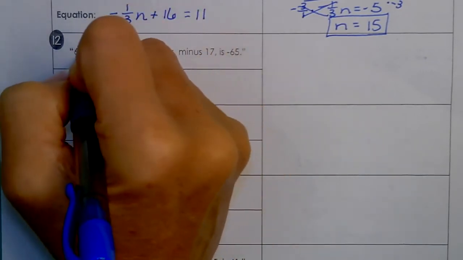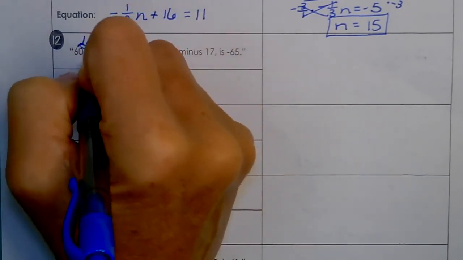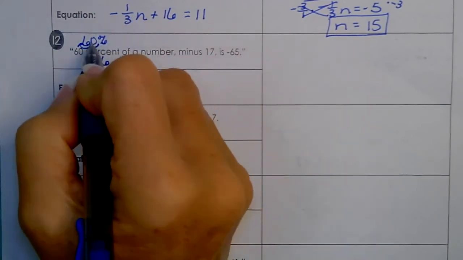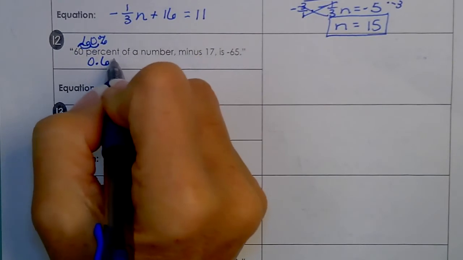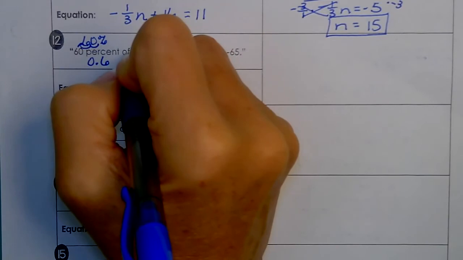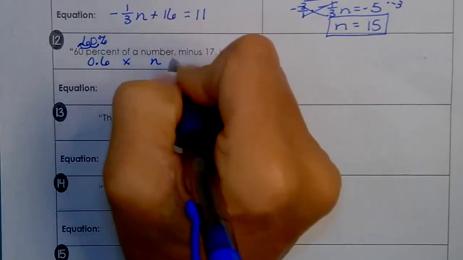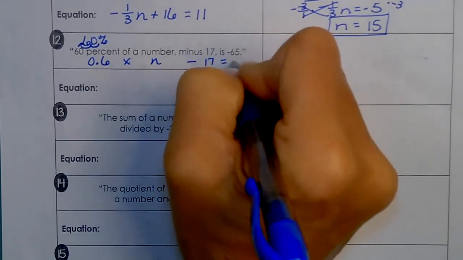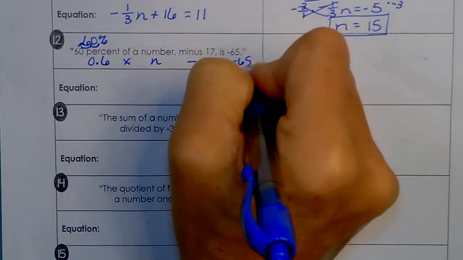So the decimal equivalent of 60% is 0.6. Or you could put a 0 on there. It won't change the value. Of a number minus 17 is negative 65.